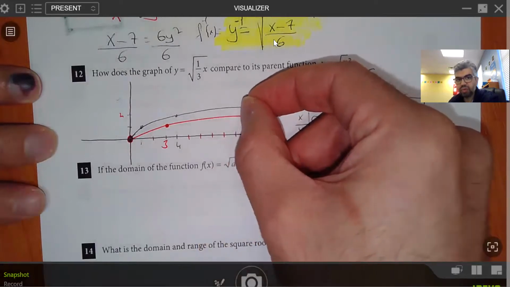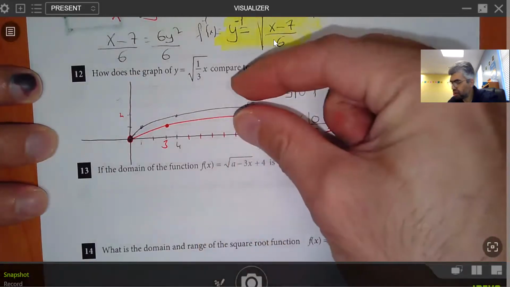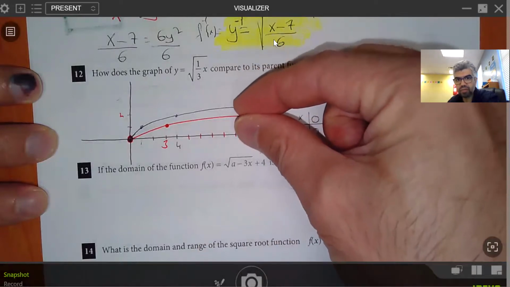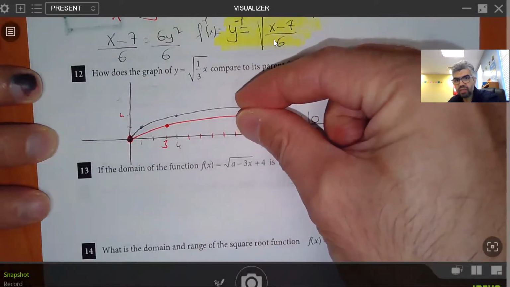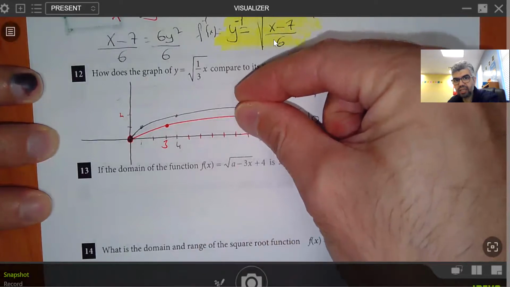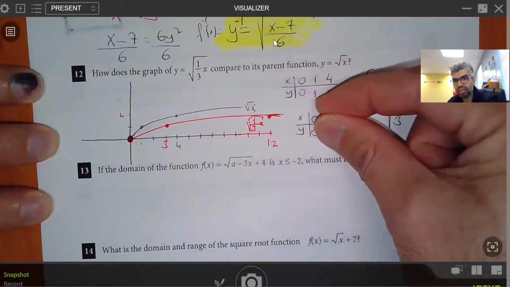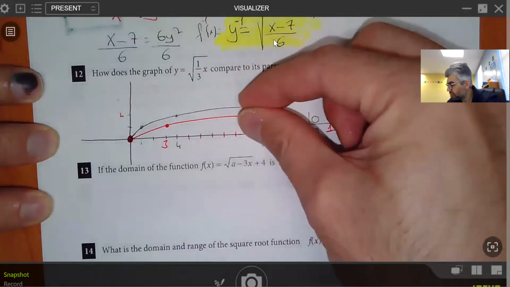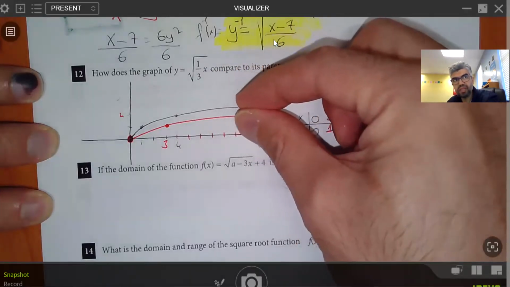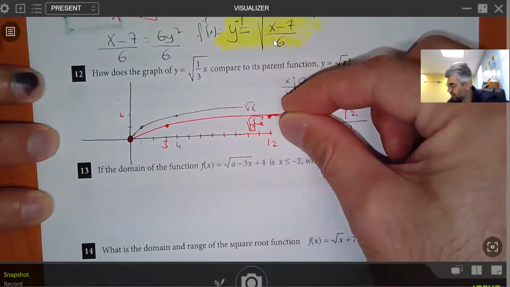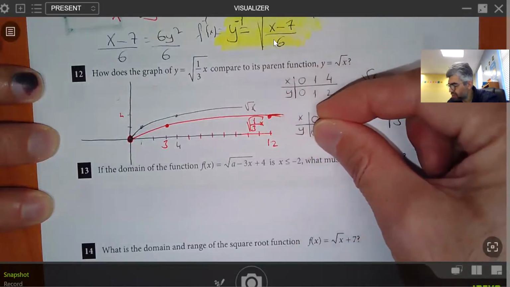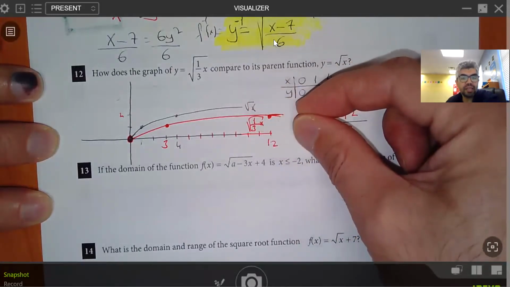We are holding this graph, okay? We compress it or we stretch it. Look, if I move my finger horizontally, the graph goes down, yes? So it's basically stretched horizontally.